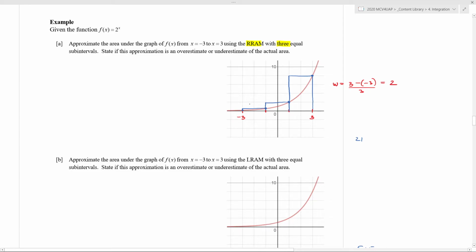Now, the area using RRAM is equal to the area of rectangle 1 plus the area of rectangle 2 plus the area of rectangle 3. The area of rectangle 1 is 2, which is our width, multiplied by the height. The height of rectangle 1 is f evaluated at -1.